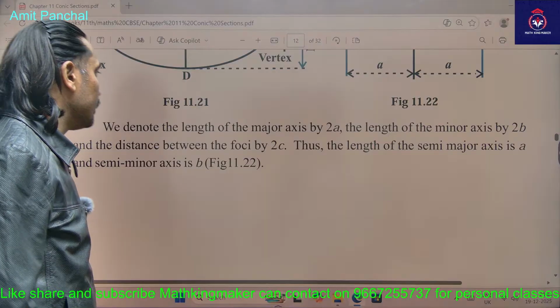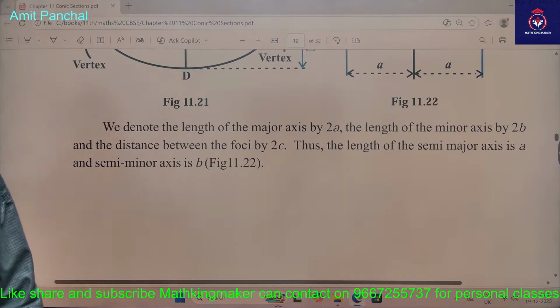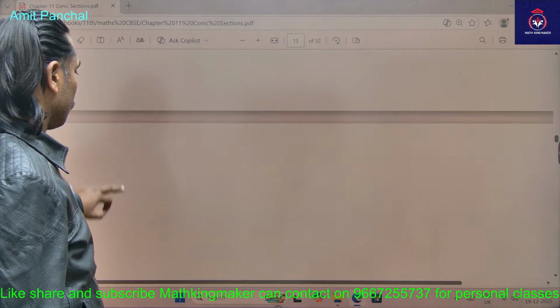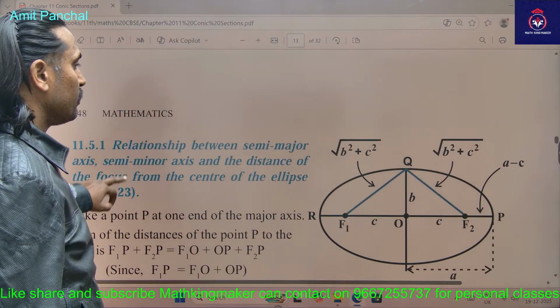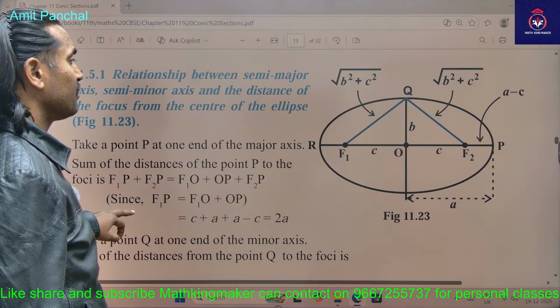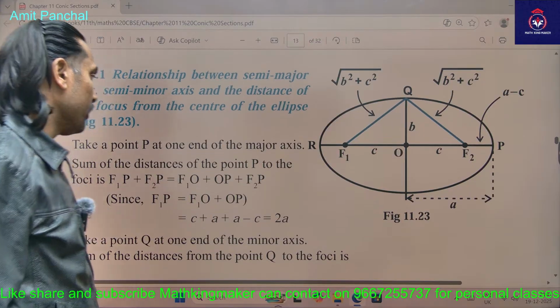The length of major axis will be 2a, the length of minor axis will be 2b, and the distance between the two foci is 2c. So the focal points will be c0 and minus c0.